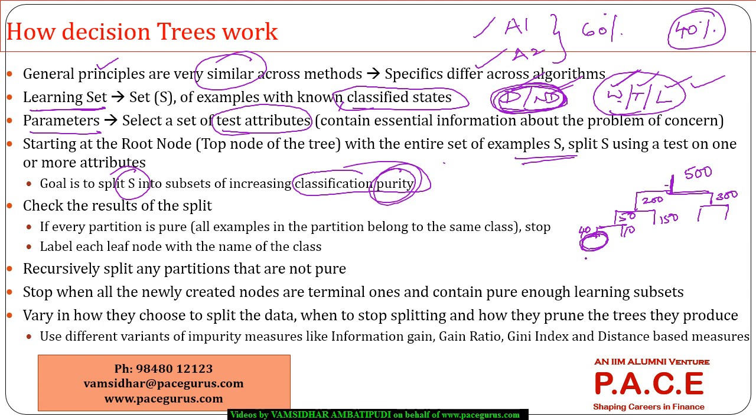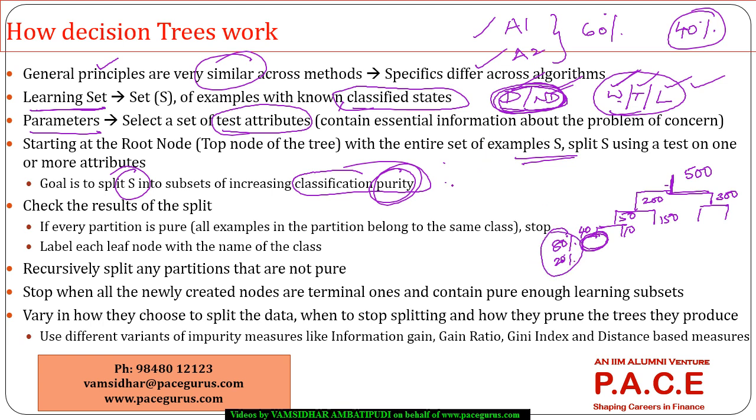But even if that is not the case, the percentage should be much higher. If not 100%, even 80% of them are wins and 20% are losses, and I can't split the data any further, then this is a measure of my purity.